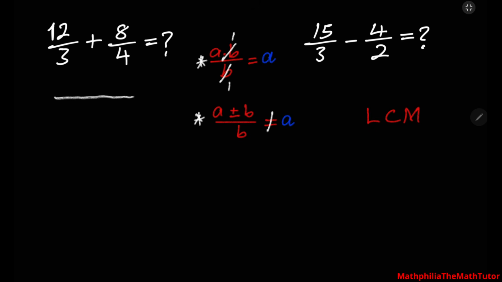Let me show you here. The lowest common multiple is a number, the smallest number in which the denominators can go into without any remainder. So it's simply the smallest number in which you can divide the denominators.